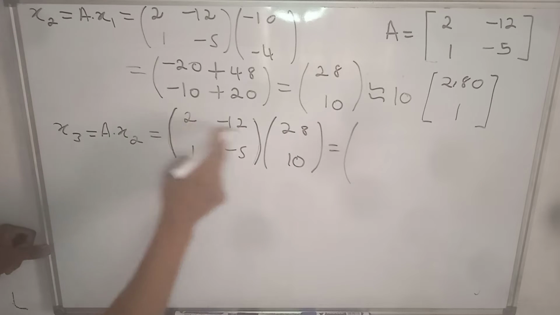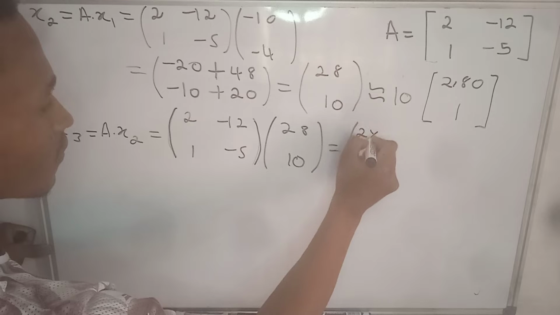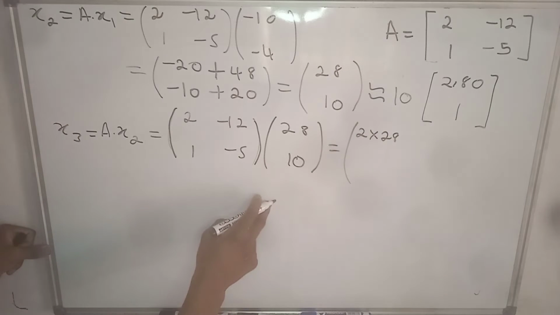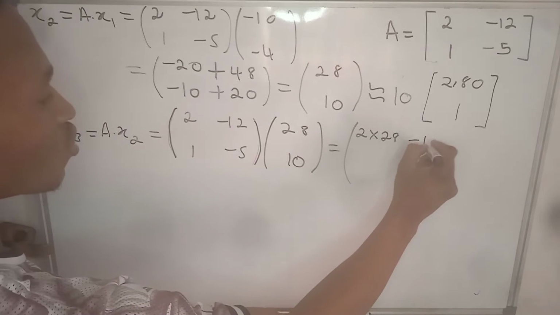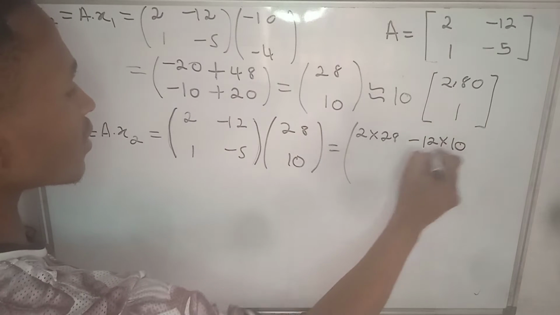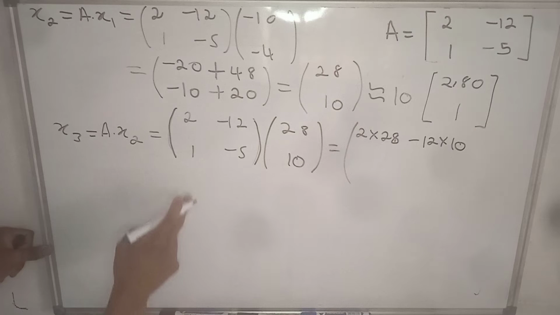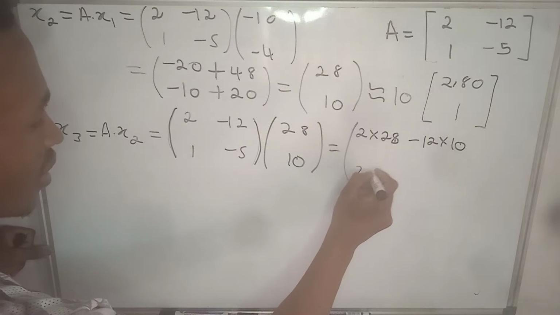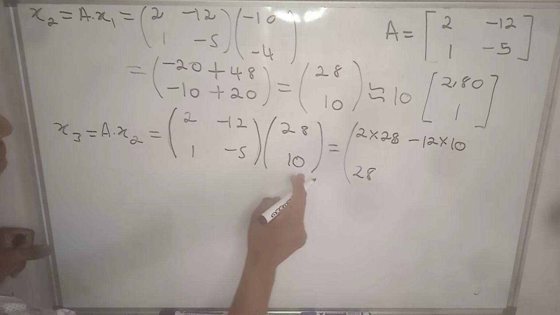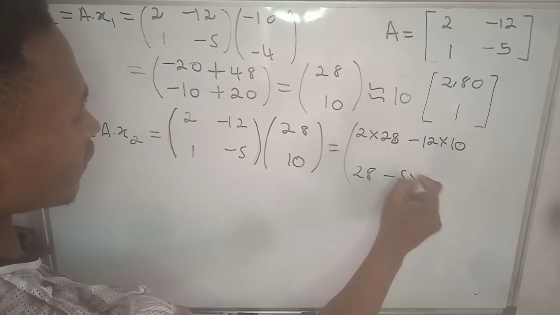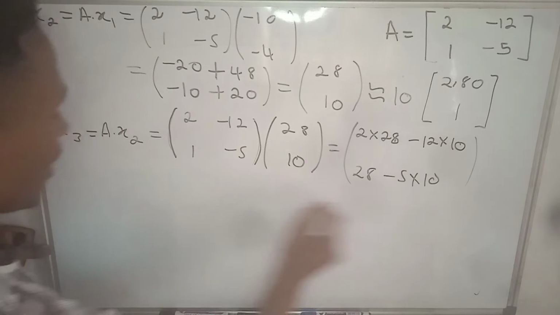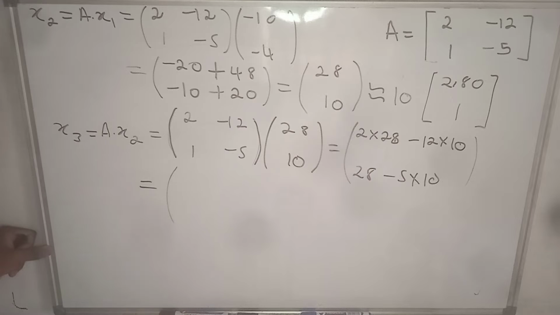That means 2 times 28, minus 12 times 10, and 1 times 28 is just 28, minus 5 times 10.